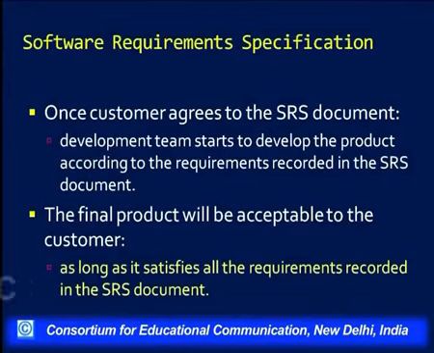Once the customer has agreed, the development of the product will start according to what has been specified in the SRS document. The final product will be acceptable to the customer as long as it satisfies all the requirements recorded in the SRS document. Only once it is approved will the design and implementation of the system begin.